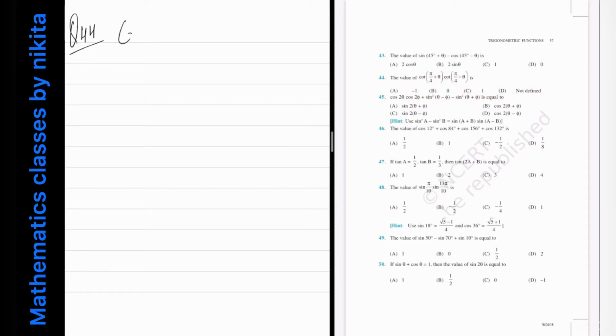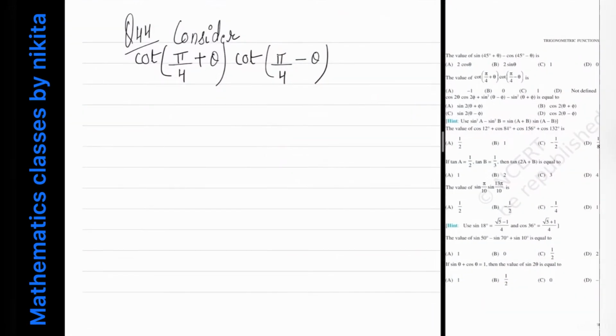So consider cot of pi by 4 plus theta into cot of pi by 4 minus theta. Okay, so what we will do is we will apply the formula of cot of A plus B and cot of A minus B. So first let me write the formulas.